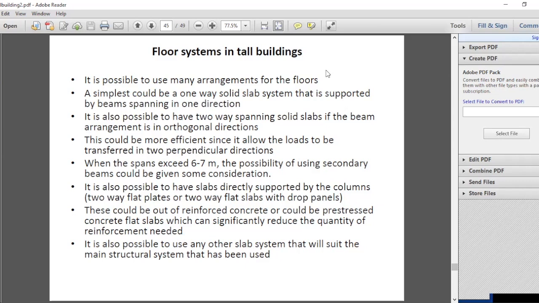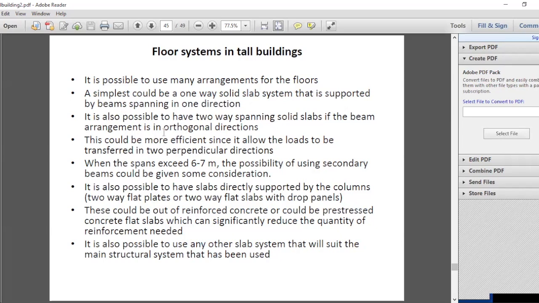The solid slab can be one way or two way. The simplest possible is a solid slab spanning one way. Then we can think of a solid slab spanning two ways.